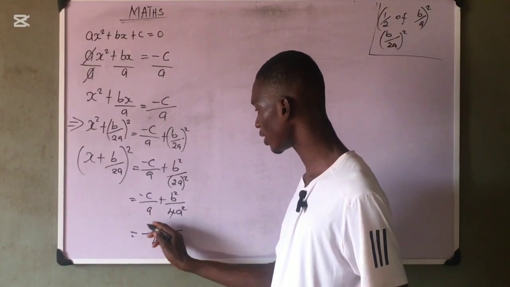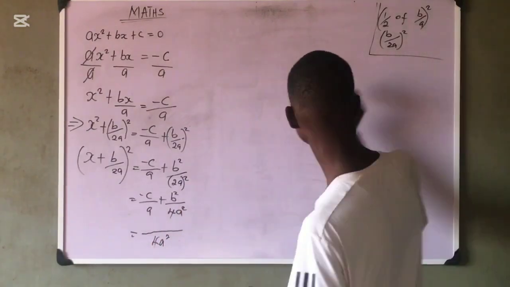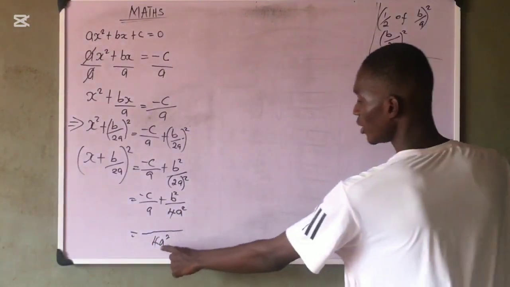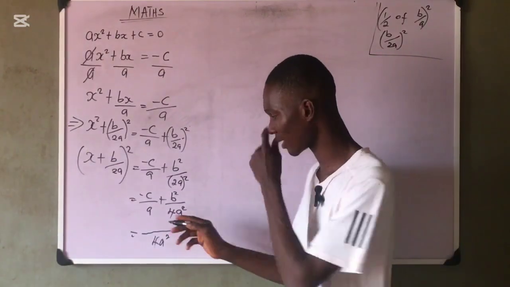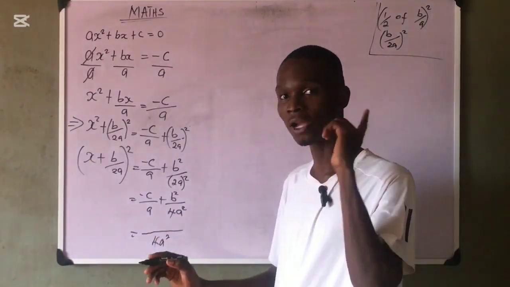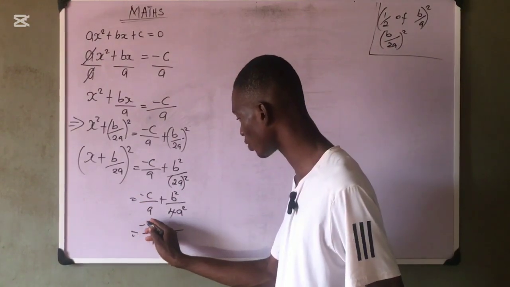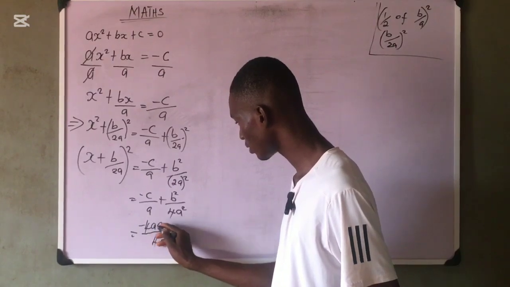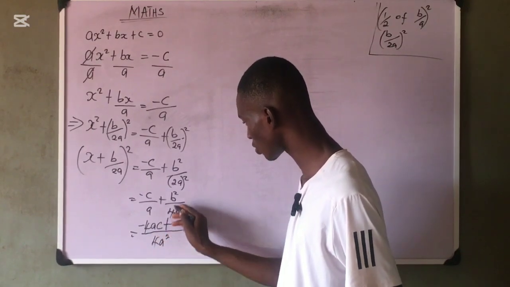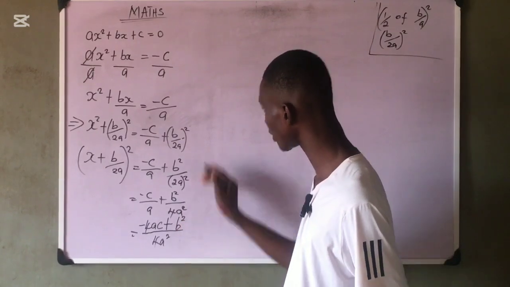When 4a squared is divided by a, it is left with 4a, because I have two a's here, and when one a divides, it remains 1. So I will have 4a times the numerator, which is minus c, giving me minus 4ac, plus, when this divides this, it gives 1, so I have b squared.